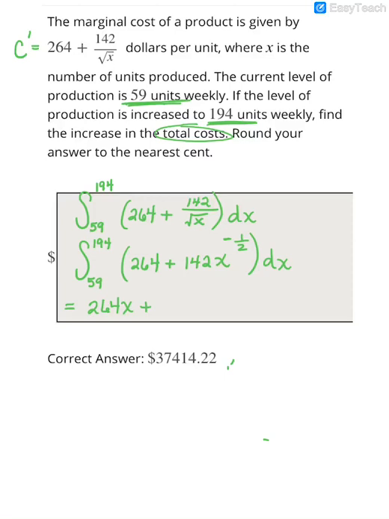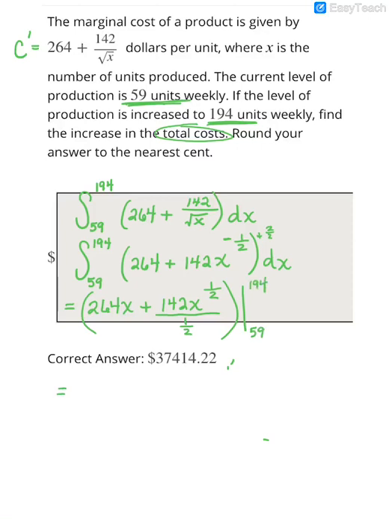The integral of 142 x to the -1/2: when I add 1 to the power, that's like saying plus 2 over 2. So that becomes x to the +1/2 power, but then you have to divide by the new power of a half. And then once we simplify that, we are evaluating it from 59 up to 194.